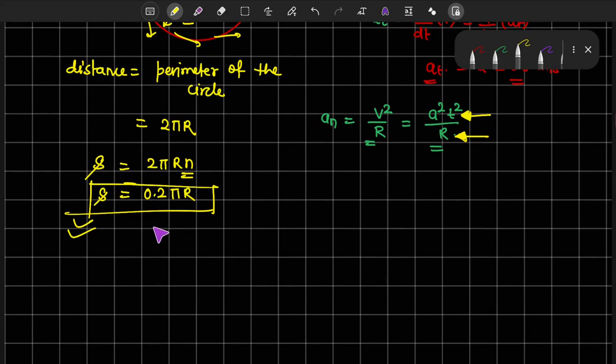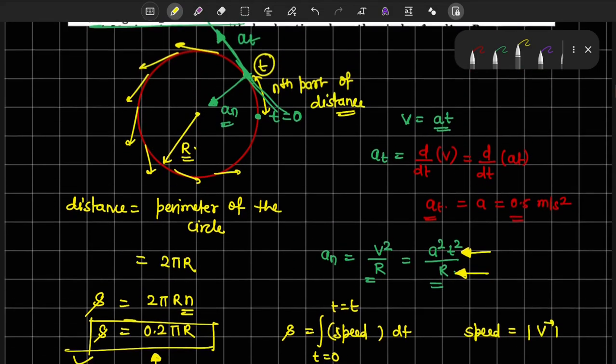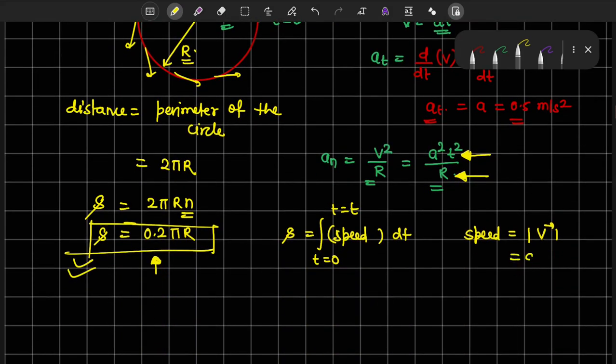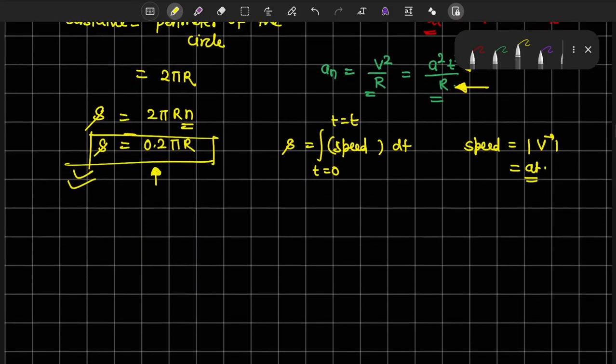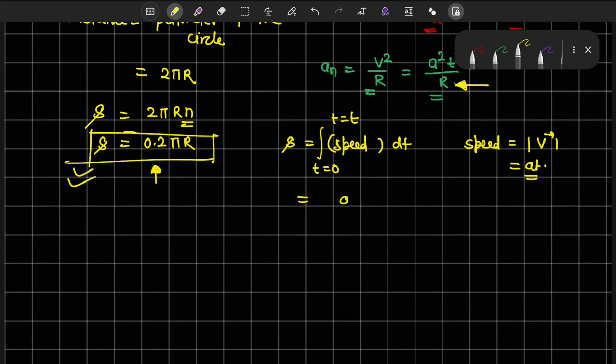So let us make use of this particular distance. We can write the distance is equal to speed into dt from t = 0 to t = t. Now the value of speed, we can write as the magnitude of the velocity vector, that is equal to at. So we can write at times dt, integral from t = 0 to t.